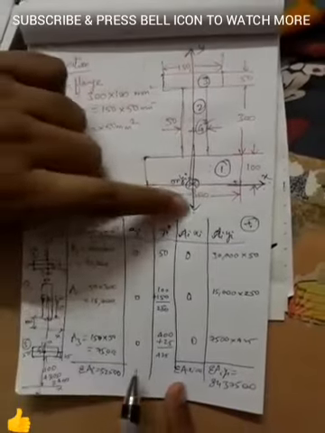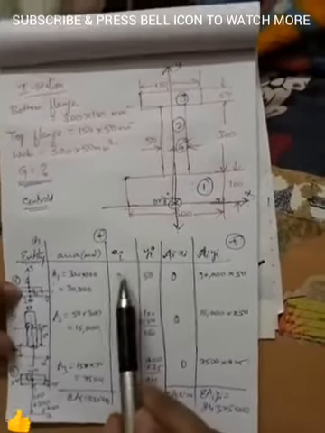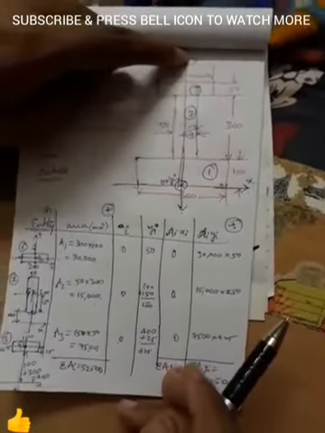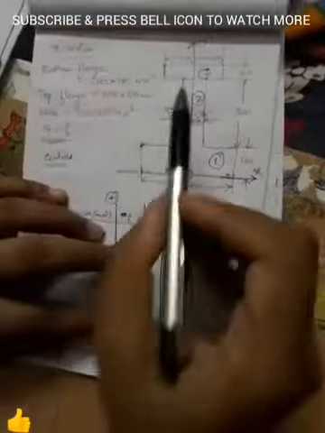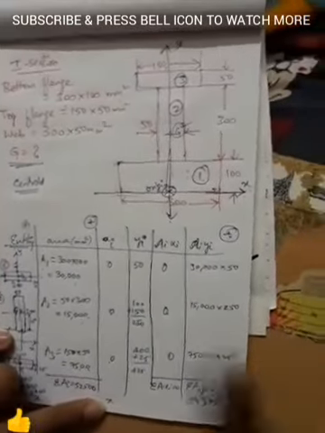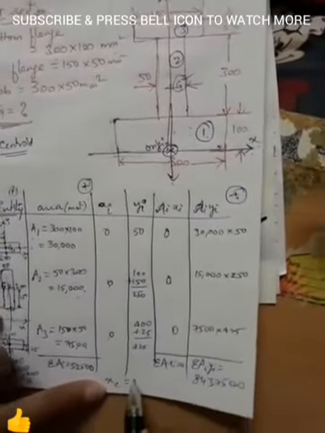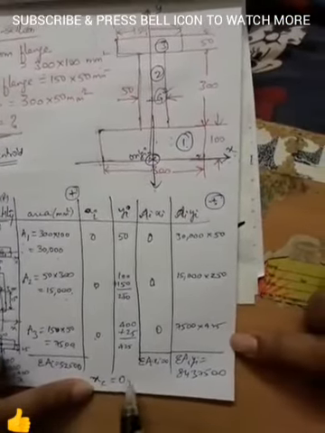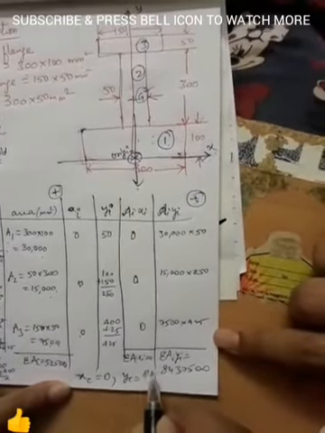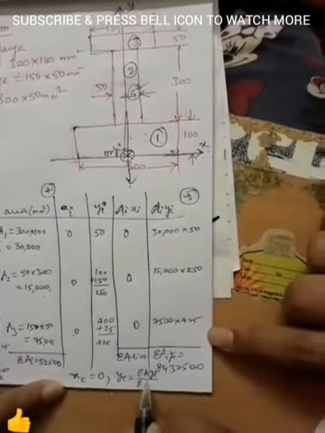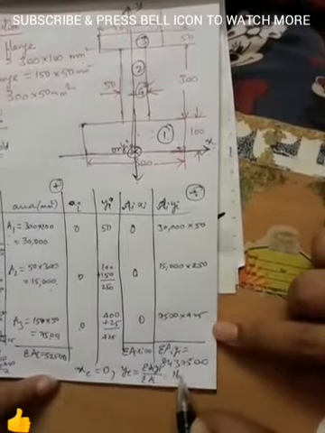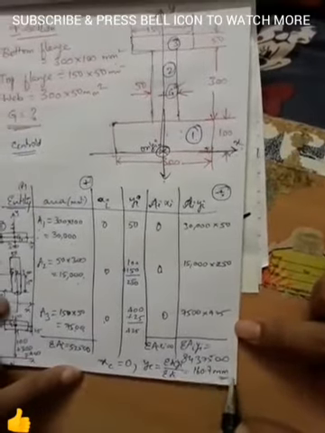Since the x coordinate of all of them is 0, why? Because this particular object is symmetric about the y-axis. So you don't have to find x at all because your centroid is on the y-axis. Naturally, your centroidal x coordinate xc is 0. What about yc? We know yc will be this divided by this, which has come out to be 160.7 mm.